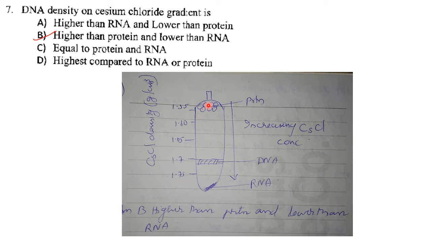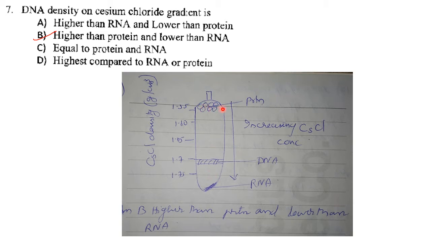That is the solution, that is cesium chloride solution is less dense at the top and eventually gets denser towards the base. So if you add DNA into the cesium chloride solution, different density gradient solution, it will migrate until it reaches its density.